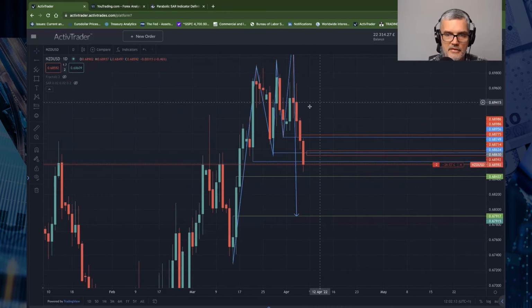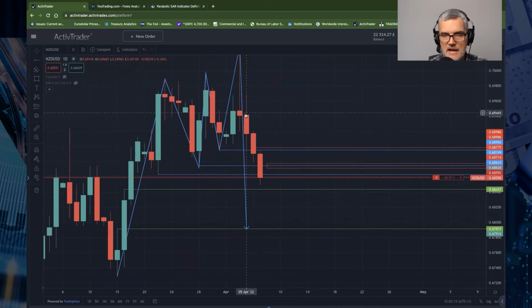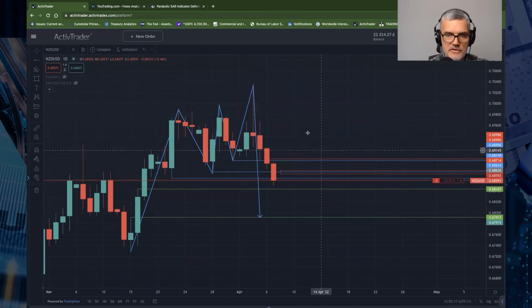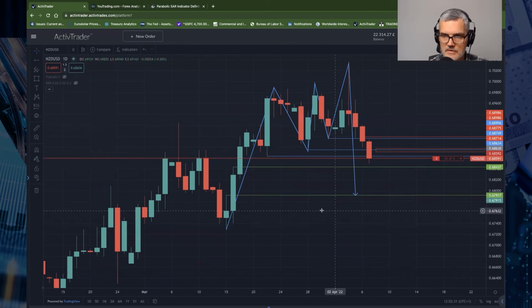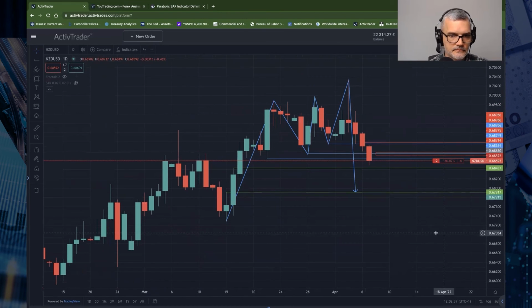And if we look back through the last 3 or 4 daily candles, the highs are coming down, the lows are lower. So a good momentum to the downside, good price action, break of market structure, and a decent target to the downside, which is essentially quite an easy target to get to because the 0.68 is a good magnet.